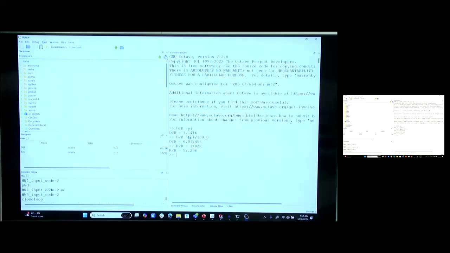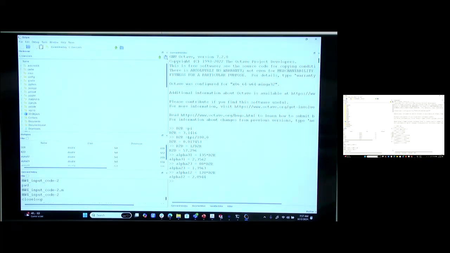Then I'm looking at my alpha 3.1, which is 135 times degrees to radians. Alpha 2.3 is 80. And alpha 1.2 was 120.